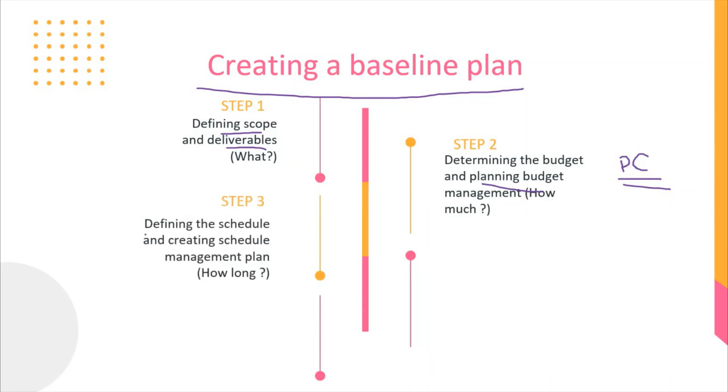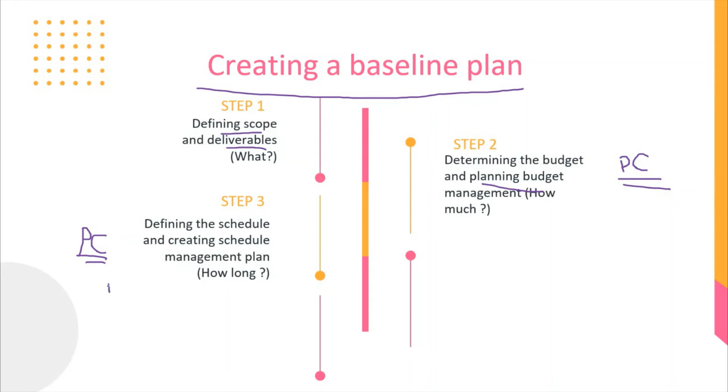The third step is to define a schedule and then create a schedule management. Again, we already have a completion date which is mentioned in the project charter. What we need to do is define a schedule. Say for instance, I will say in the schedule that I will complete all the documentation within 1 month.